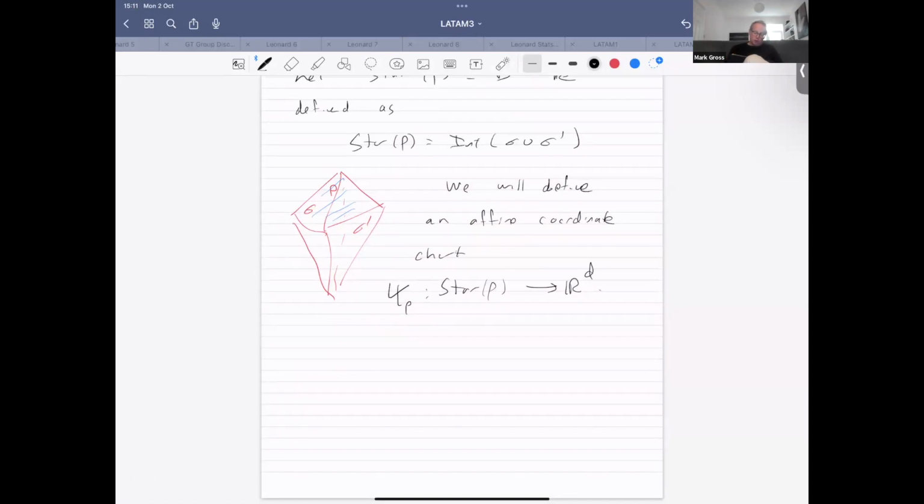So to do this, let's choose a basis, e_1 through e_d, for, let's say, Z^d sitting inside R^d. We need to keep track of an integral structure on R^d so that we can make sense of this as an integral affine manifold.